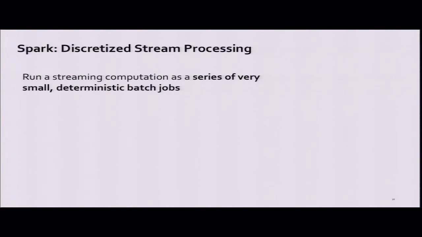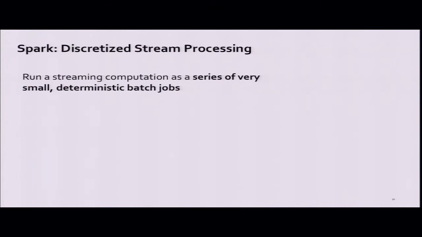So what do we do? We do something very simple. We run a streaming computation as a series of very small deterministic batch jobs. Imagine that you can run a job, a MapReduce job if you wish, in less than 1 second. One way to implement streaming in this case is to run that job every 1 second, and you update the results.